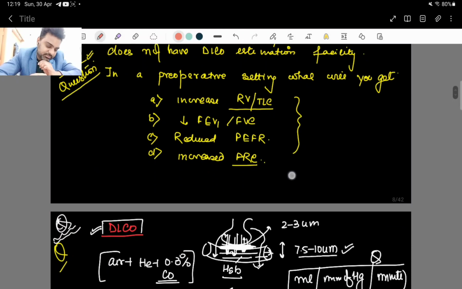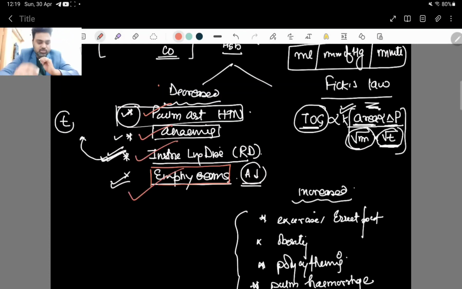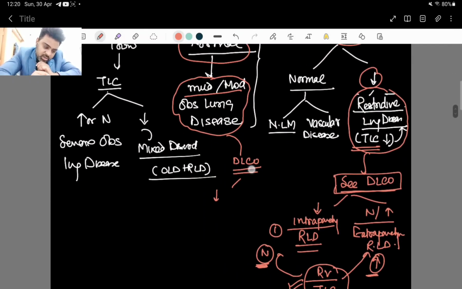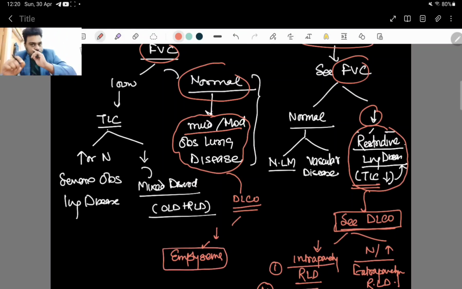We have just seen, see this. DLCO is decreased in pulmonary artery hypertension, anemia, intrinsic lung disease, and emphysema. So in emphysema, we have a decreased DLCO. So now in this mild to moderate obstructive disease, if DLCO is decreased, that means the patient has emphysema.